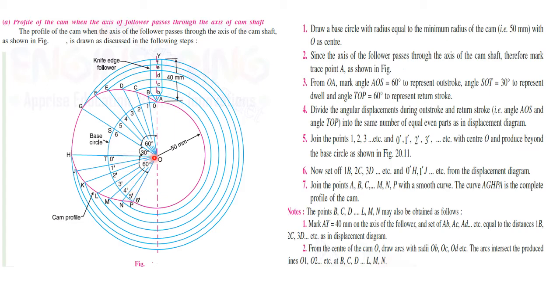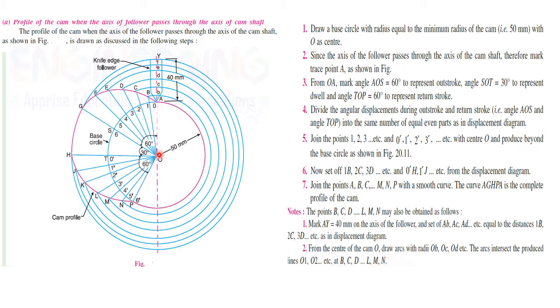After that we divide the stroke length into 6 equal parts, that is the length of 40. Here mark a point A, and then B, C, D, E, F, and last is Y. First of all, 40 mm is divided into 6 equal parts, and take a radius O to B, draw a circle.